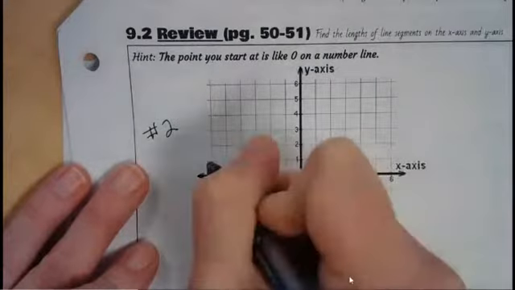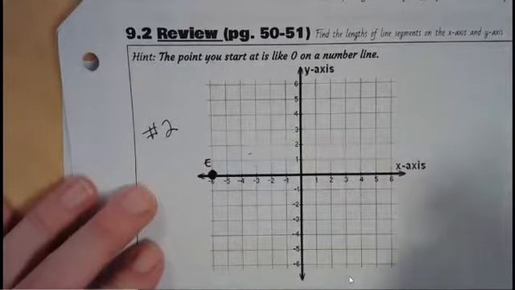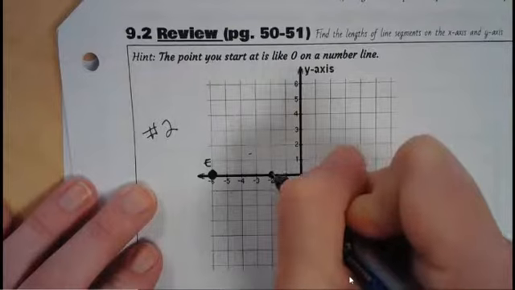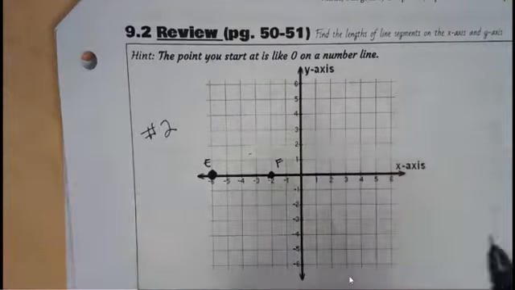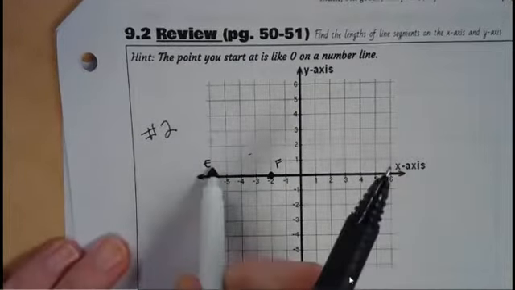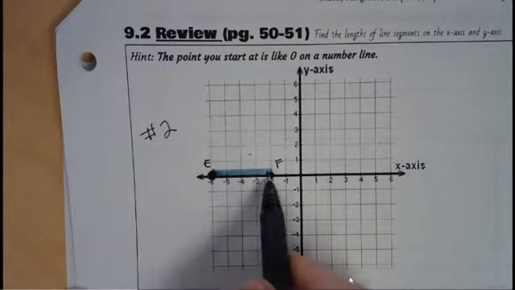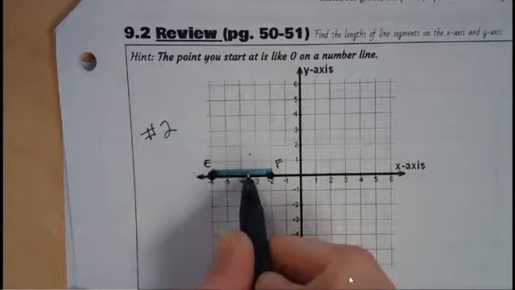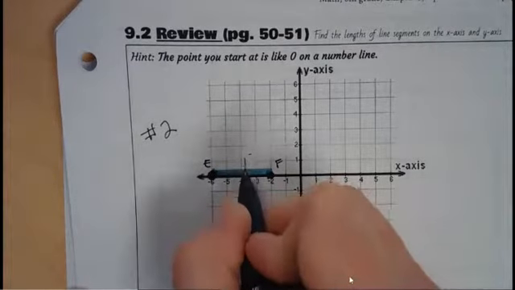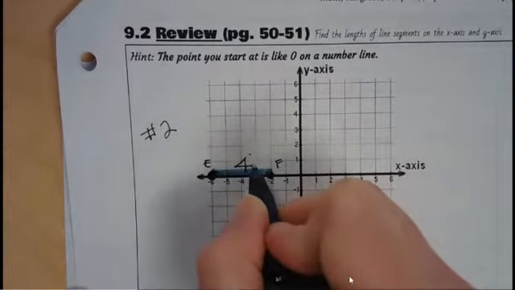And then we just count how much that is, just like it were a number line. From -6 to -2, we have 1, 2, 3, 4. So this line segment is 4 units. I would say line segment EF is equal to 4 units.